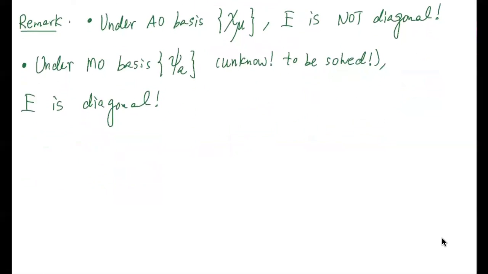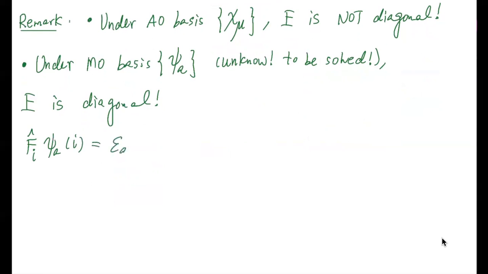Why is that? Well, if you look at the Fock operator for electron i, and you do F_i psi_A(i), right? This will give you epsilon A psi_A(i), right?